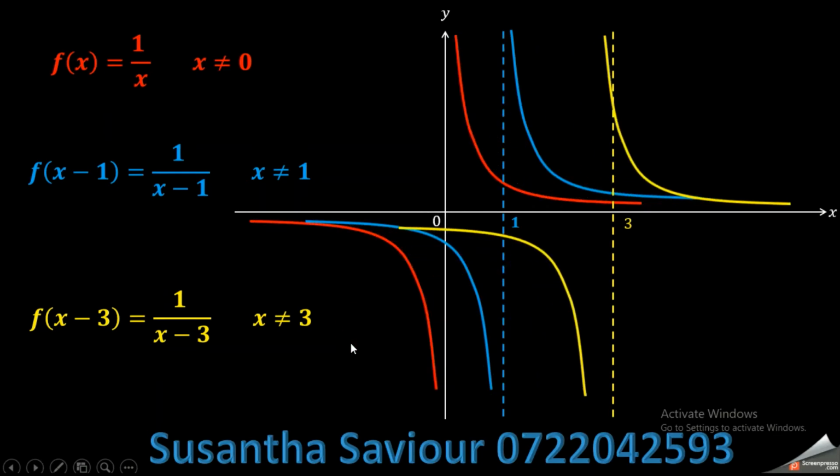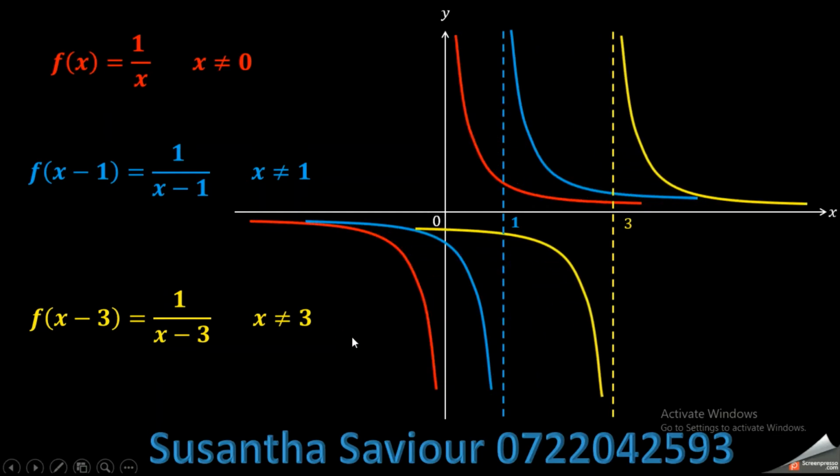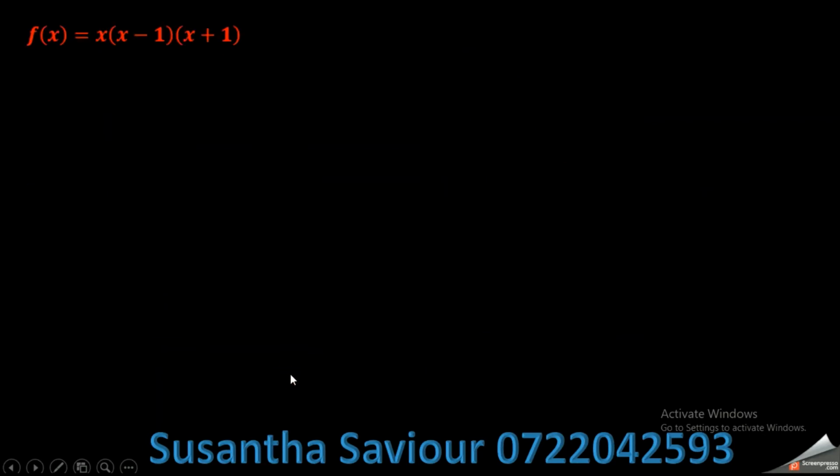Right. Okay, now we will take another example and see. Right, in this case what happens? In this case, this is a beautiful graph. When x equals 0, y equals 0.